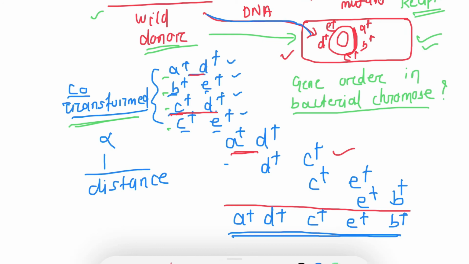Then C is transformed with D, and also it is transformed with E, so I have written C plus E. Then E is transformed with B, so write down B. Then you will find your gene order, that is A plus, D plus, C plus, E plus and B plus. So this is how you can calculate gene transformation.